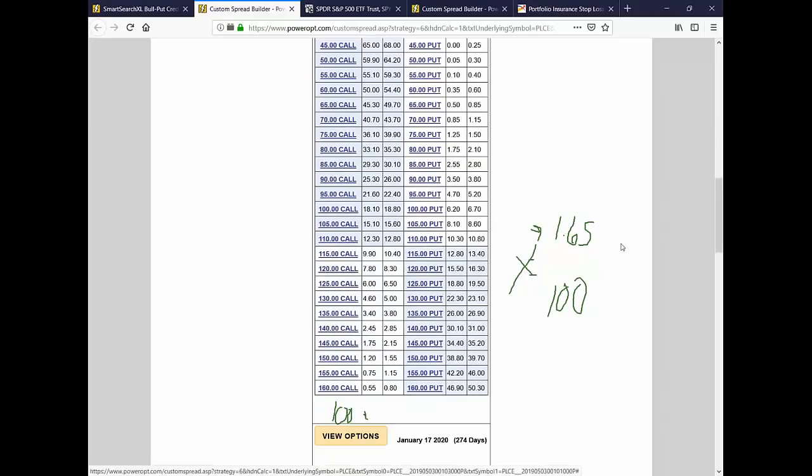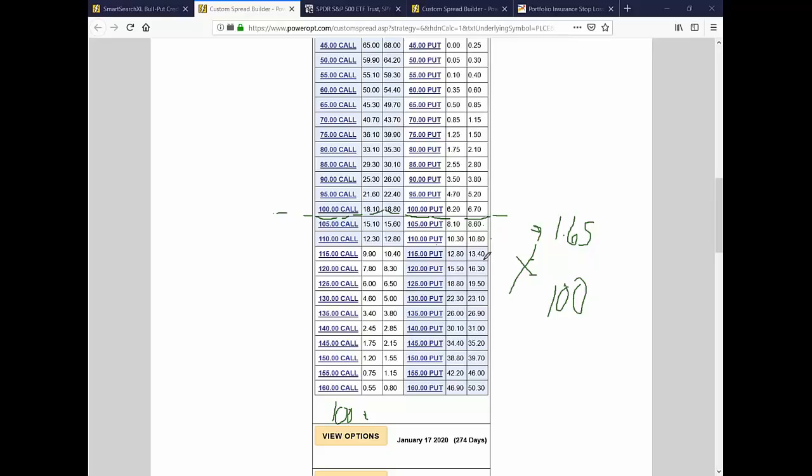Now let's say that, assuming the stock's at 100, let's take a look at what the prices are right now for these at-the-money ones, the 110. Okay, it's at 10.30, and the 105 is at 8.60. Well, the stock's at 100. That might mean the 100 is at 10.30, and the 95 is at 8.60. That would give us the net credit, but the stock has already fallen 10%. Something's going on.